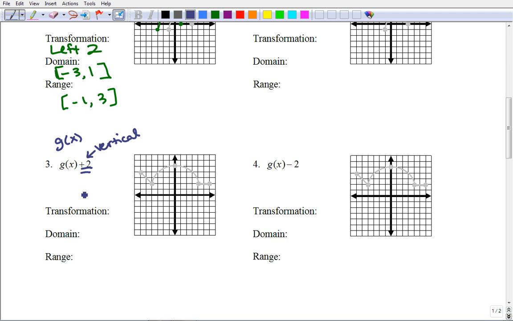And anything that has to do with the y, you're going to do exactly what it says to the y values. So it said +2, that means you're going to take each of the y values for each point and add 2 to the y values. So we're going to be moving up 2. So if I take each of my points and move it up 2, 1, 2, 1, 2. Then I just connect them in the same way.